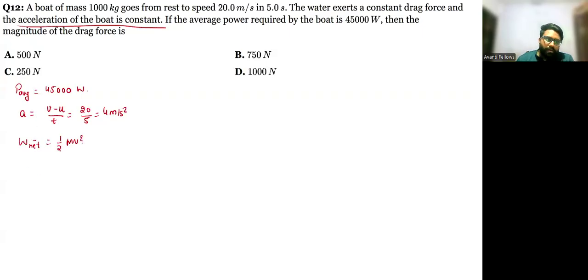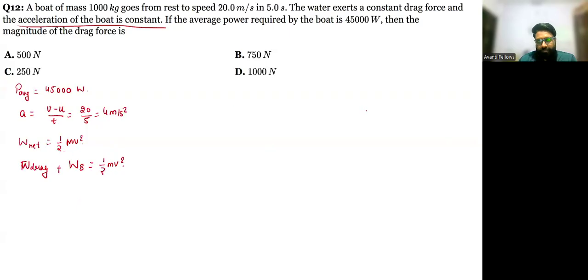Now, the net work done here is given by the work done by drag force plus the work done by the boat engine, which equals 1 by 2 times mv square. We know the acceleration of the boat is 4 meter per second square.